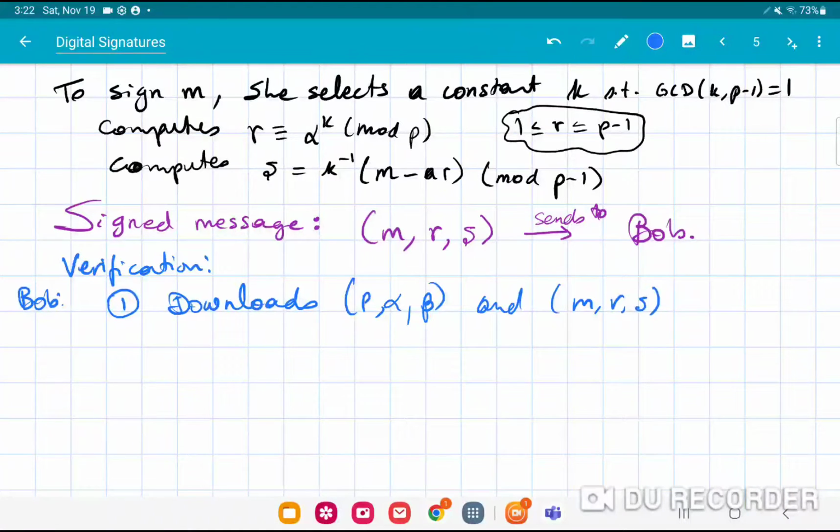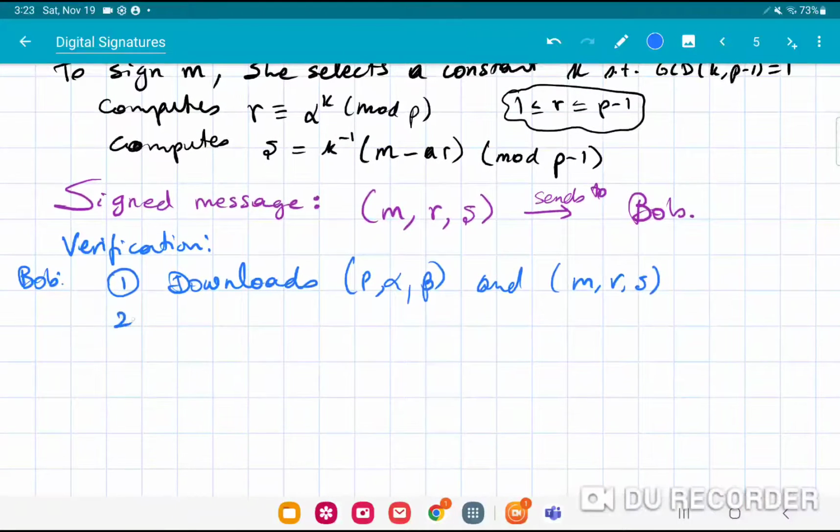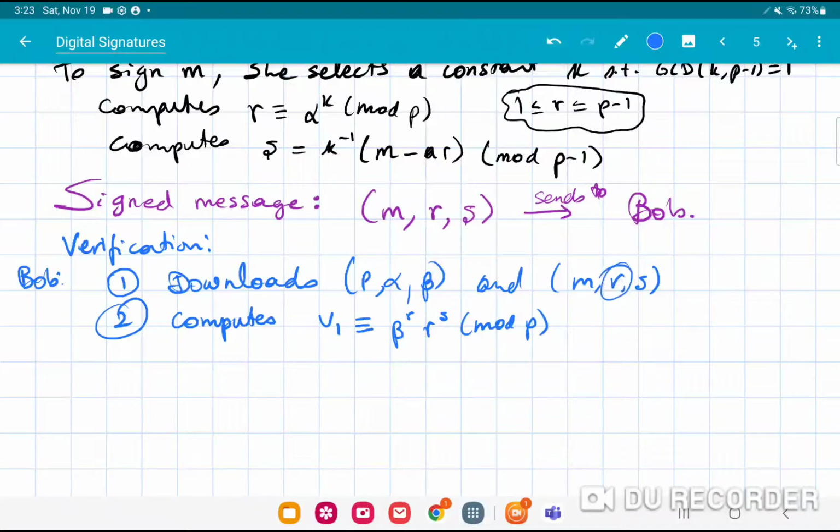And now he computes V1, which is equal to beta to the power of R times R to the power of S mod P. He has beta that he downloaded, he has R and S from the signature.